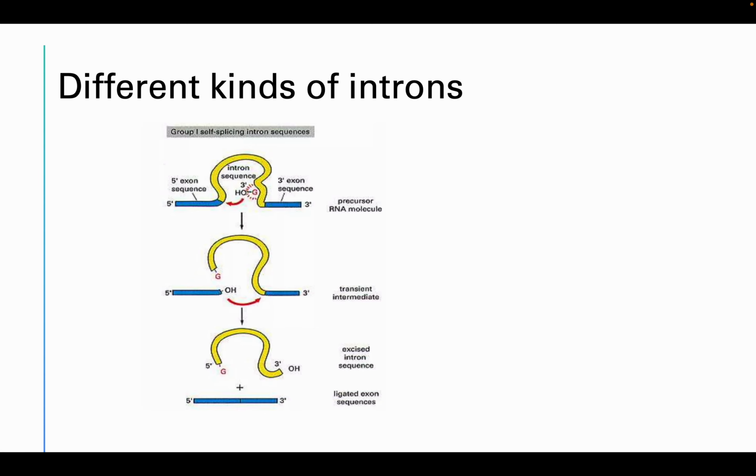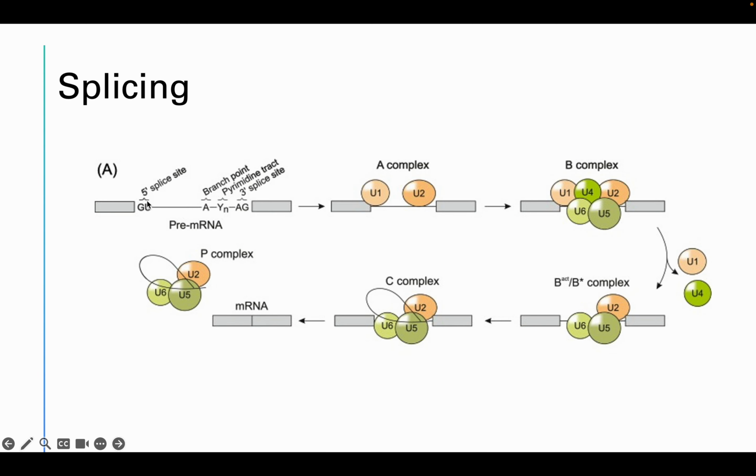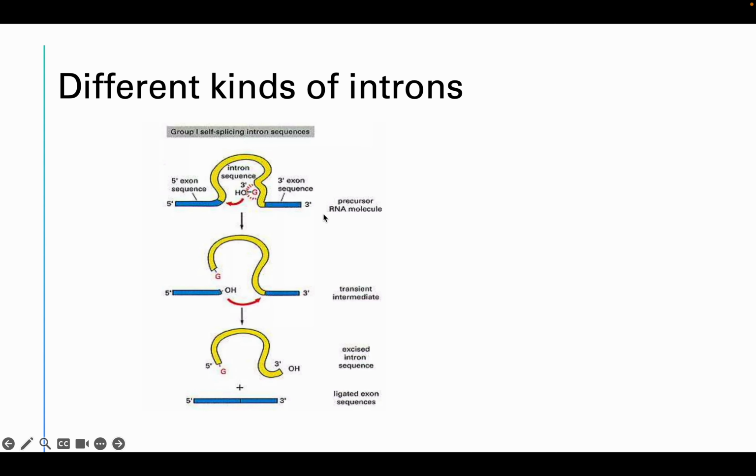There are different kinds of introns. As we have talked about, the major complex includes the GU, AG and the branch point A. There are other introns which do not require this complex, so they are called self-splicing introns. Instead of requiring the spliceosome complex, they have specific sites, and at this specific site G is present, and it functions exactly like the branch point in the spliceosome.